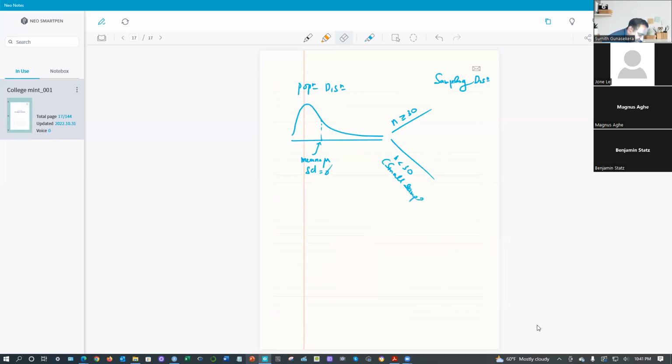Practitioners think that when the size is more than 30, it can be considered a large sample.